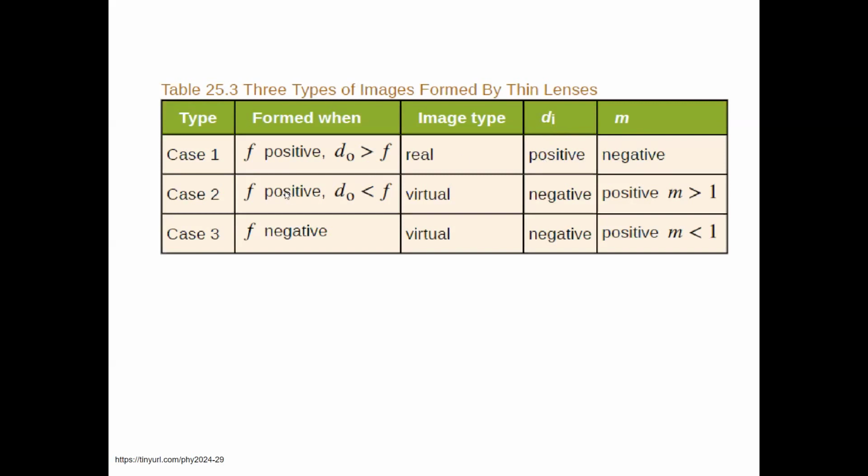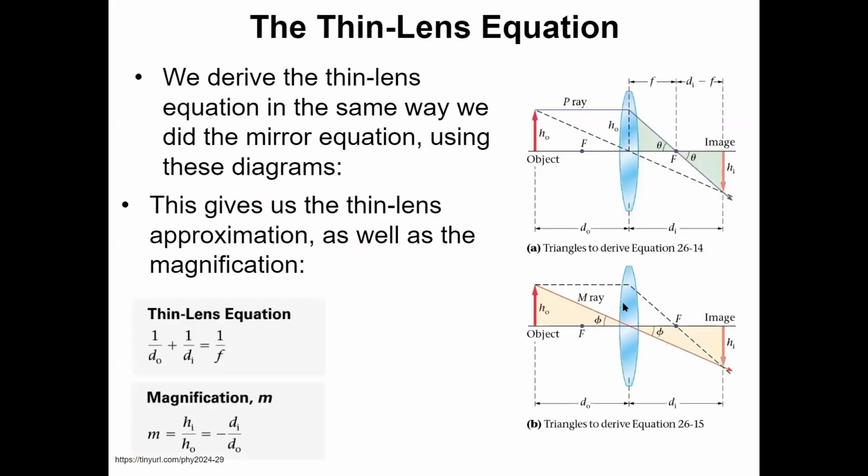Case two: for a convex lens, if DO is less than the focal length, then you're going to have a virtual image, DI will be negative, and the magnification will be positive. Case three: for a concave lens, you're going to have a virtual image, DI negative, and the magnification less than 1.